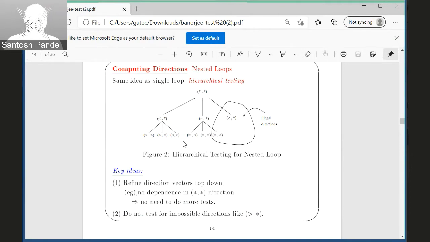We're great, we're done. We don't have to do any of the internal tests. Otherwise, we'll do mostly the less than greater than test and figure out if that is the nature of dependence. And then based on the result we get, we will undertake some kind of a transformation based on that.